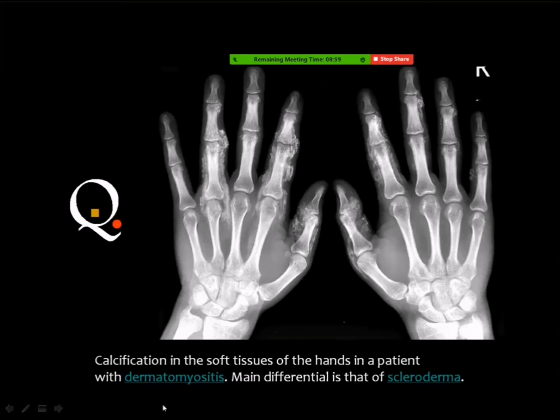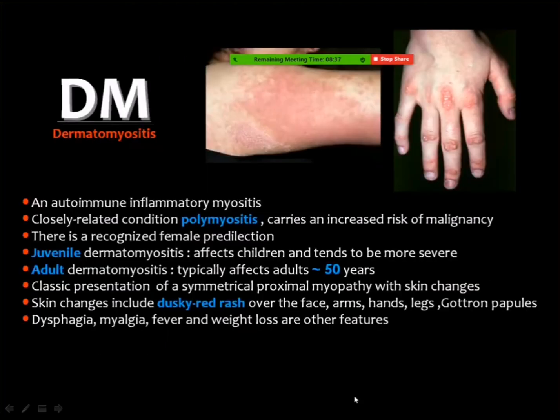Yes, dermatomyositis, the answer is shown actually. Here you got extensive calcification in the soft tissues around the fingers and also in the subcutaneous tissue, but the bones look normal and the joint spaces are maintained, and this is dermatomyositis.